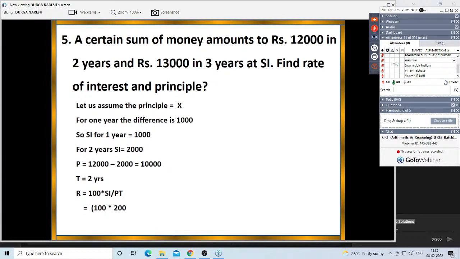If you want to take 3 years, you can take it, no problem. 13,000 minus 3,000, 10,000 is the only principal. 10,000 into, do it fast, ma.